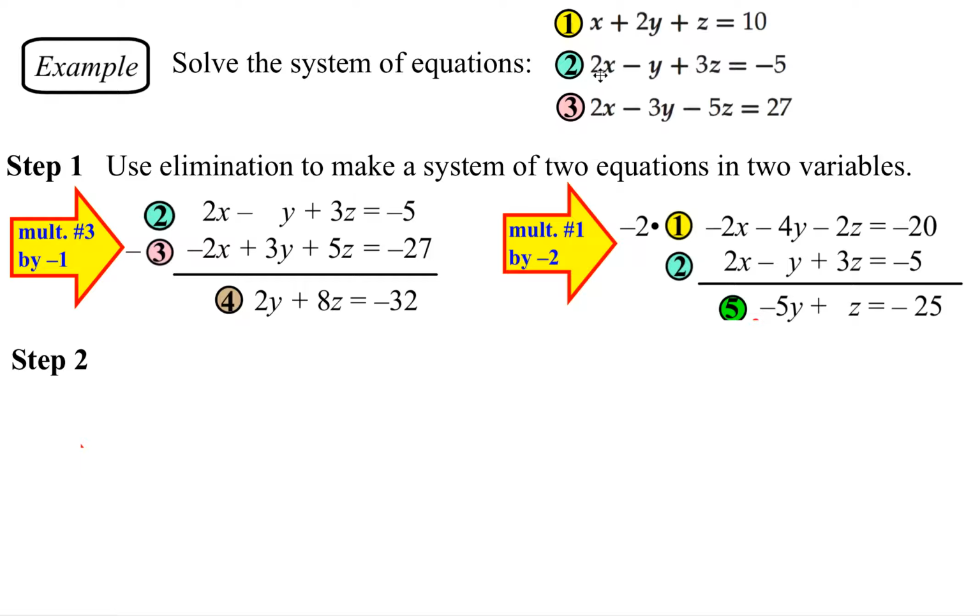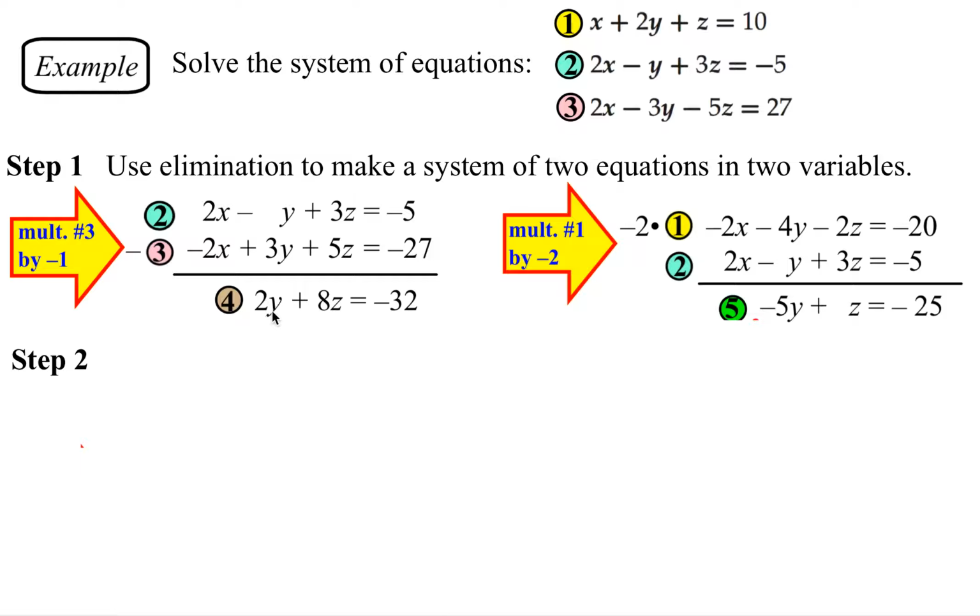Since this coefficient is 2 and I want the opposite sign, I multiplied the whole thing by -2. So every one of these coefficients is multiplied by -2, giving me this new equation 1 right here. So that's where that came from. And equation 2 I just rewrote, so no changes there. Then I added these together, and I get -5y plus 1z equals -25.